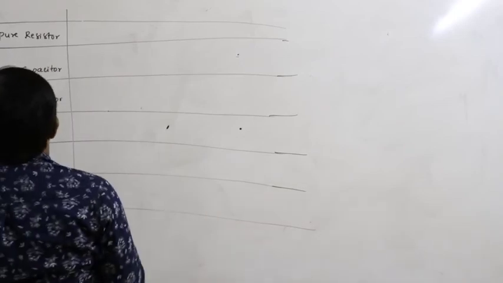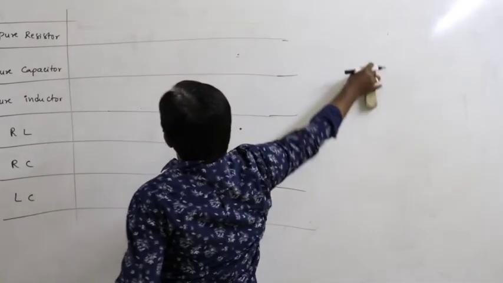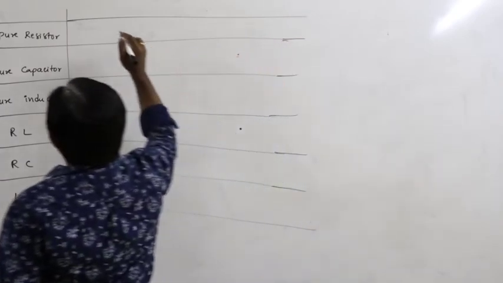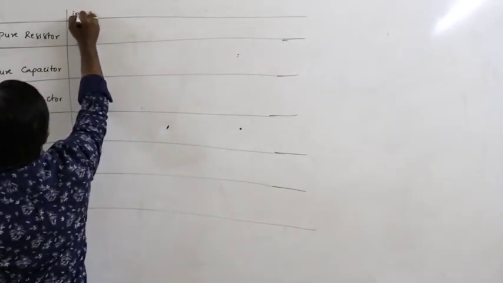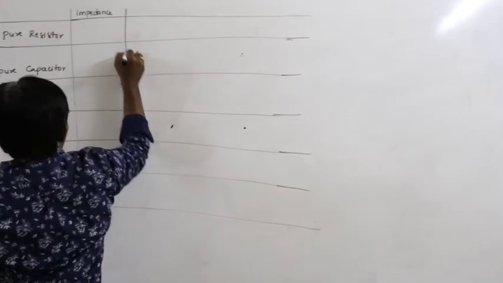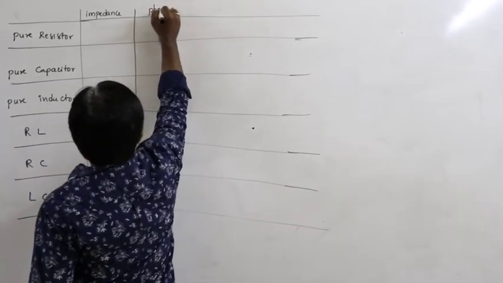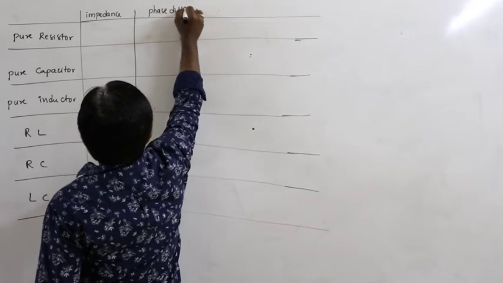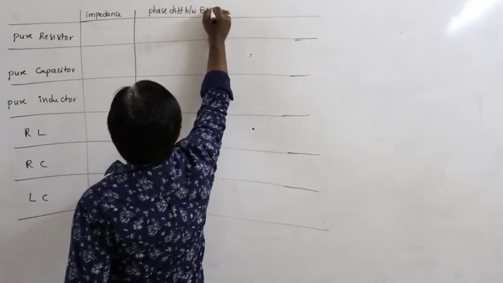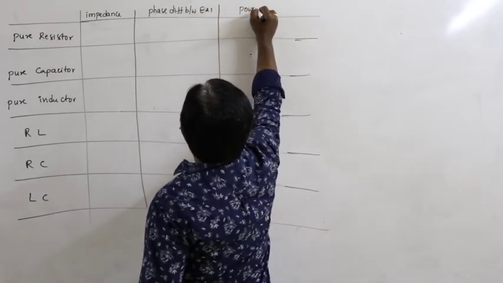First, pure resistor. What are the quantities we have to calculate here? So let us say first one impedance, next phase difference between EMF and current, next power factor.